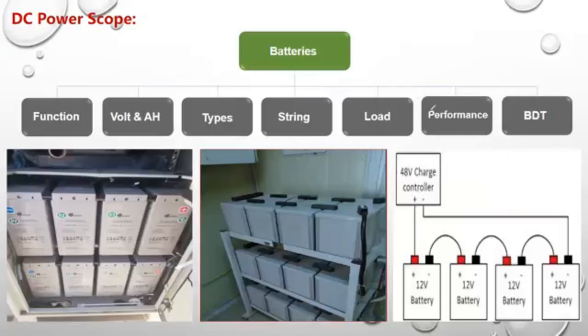If I have 12 volt batteries, I will need 4 of them connected to each other.